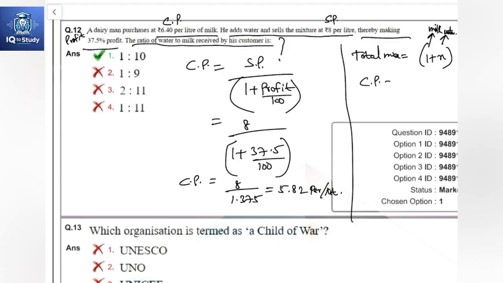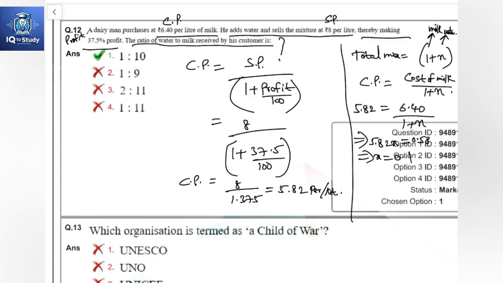So, CP becomes cost of milk divided by 1 plus X. CP we know it is 5.82, that is equal to cost of milk, given as 6.40 by 1 plus X. After simplification we get 5.82X is equal to 0.58, which implies X is 0.1.